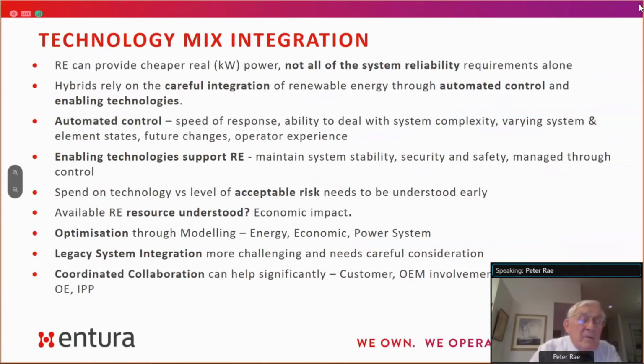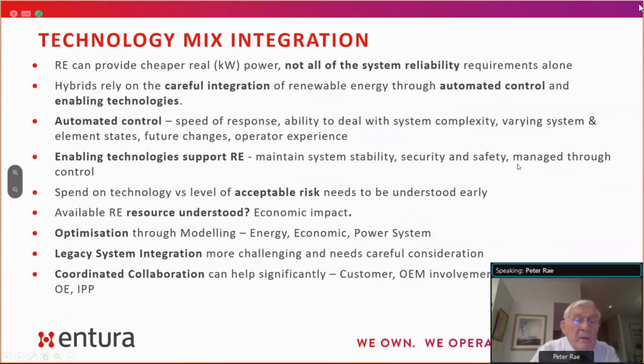This is years of experience with particularly King Island, going back 20 or more years of development there of these remote area power supplies. Spend on technology versus level of acceptable risks needs to be understood early on in the project. Available renewable energy resource understood and the economic impact of that.